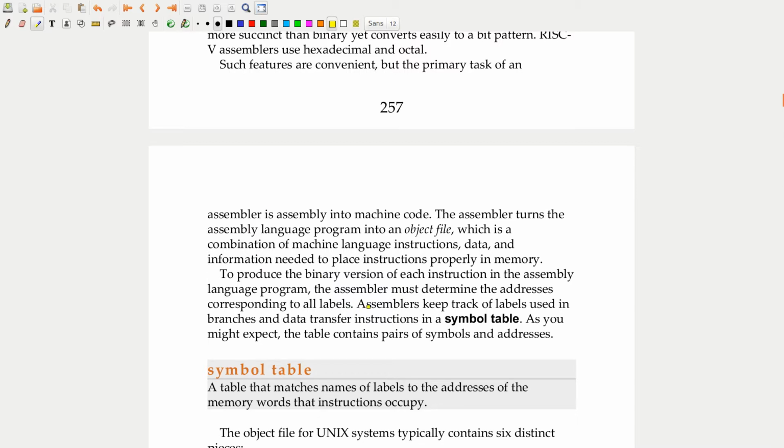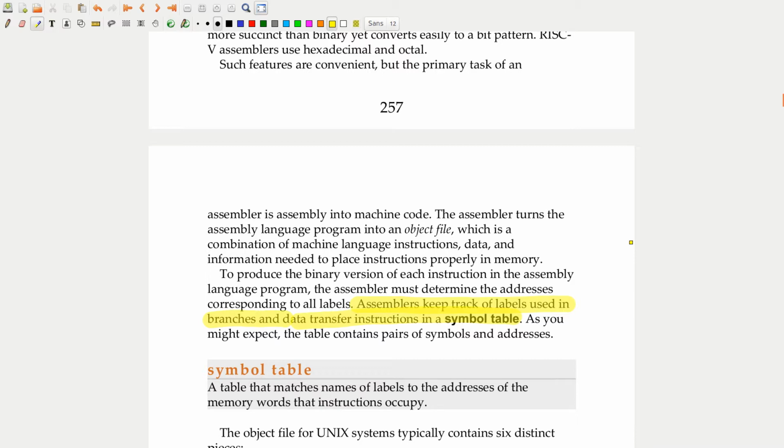For branches, assemblers keep track of labels used in branches and data transfer instructions in a symbol table. You may have seen this if you fail to link a dynamic library and it can't find the path to that dynamic library, and you call the function.